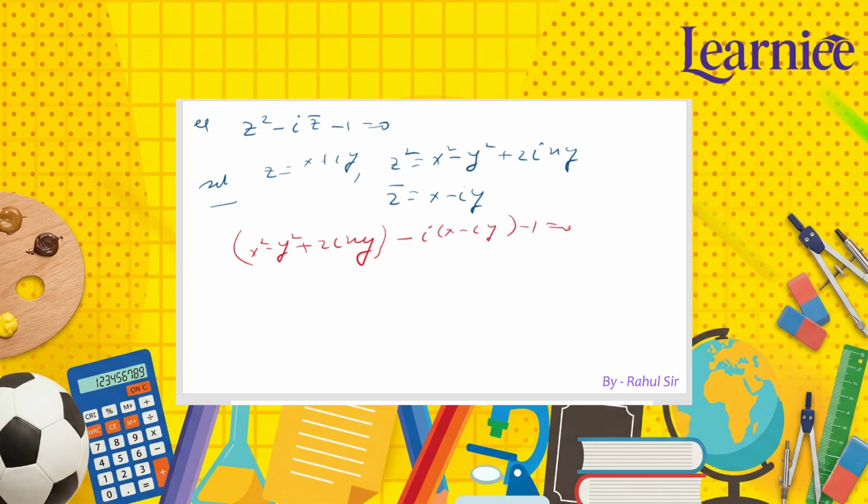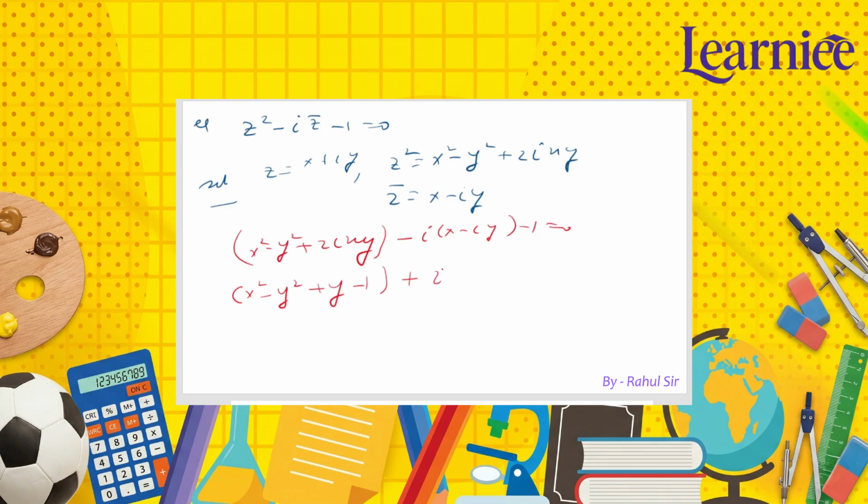So now we'll write the real and imaginary parts, and then we compare. So what is the real part? We have x square minus y square, and minus i times x minus iy, so it will multiply out. What will we get? Minus i square y, plus y, and minus 1, this is the real part.